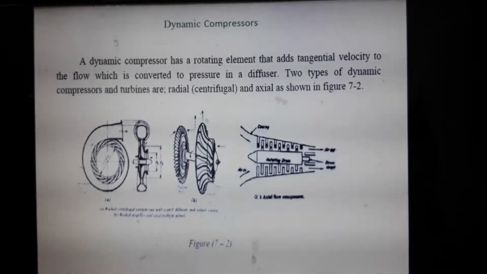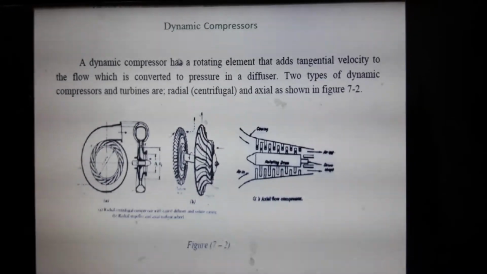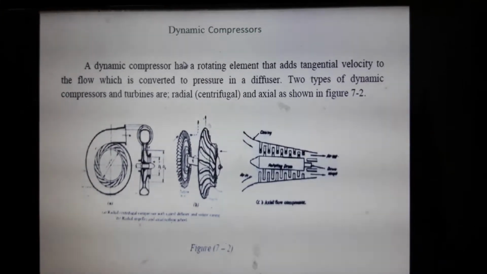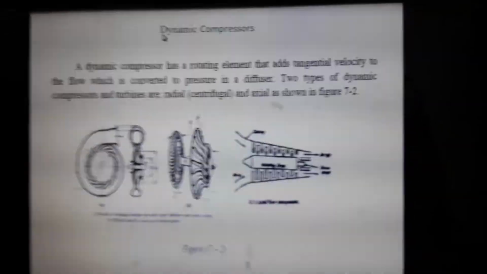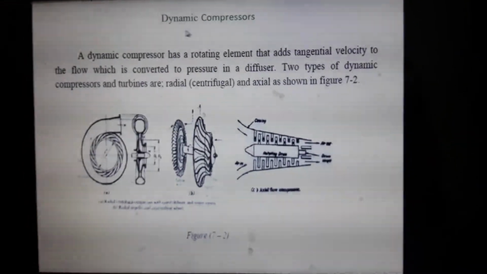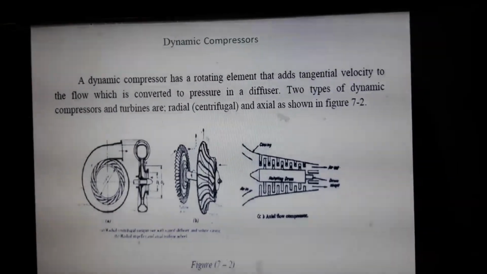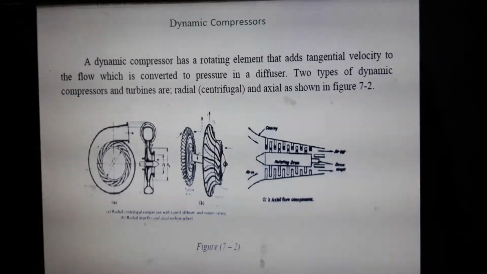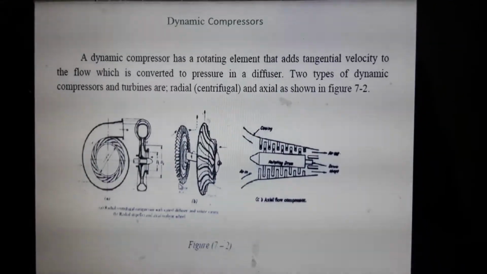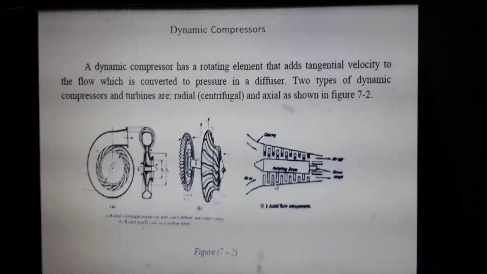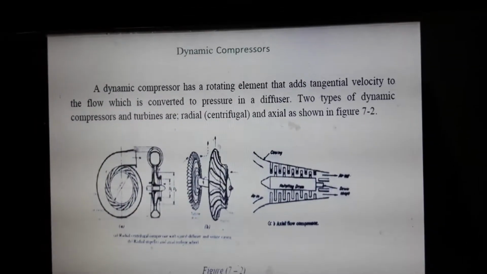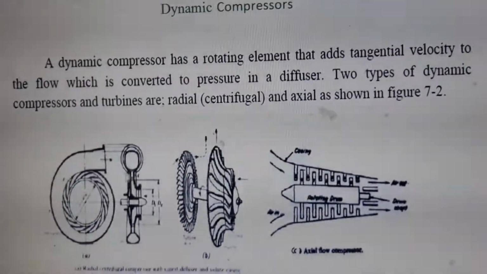Now let us discuss in brief the non-positive displacement compressor. This non-positive displacement compressor is also referred to as a dynamic compressor, and examples of dynamic compressors are the centrifugal compressor, radial compressor or axial flow compressor. The first case is the centrifugal compressor.